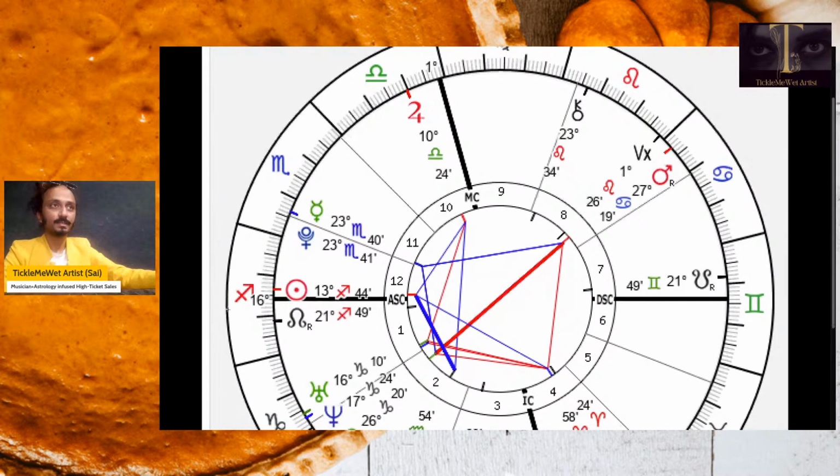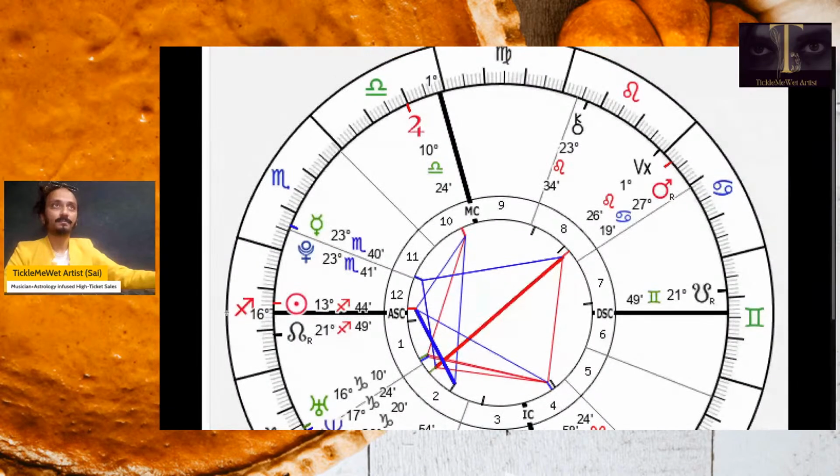Jupiter rules Sagittarius. So I now need to see where my Jupiter is. Here's my Jupiter, and it's in the sign of Libra, the green thing here. Now, my sun, when it's placed in Sagittarius, shines to the world as a Sagittarian.